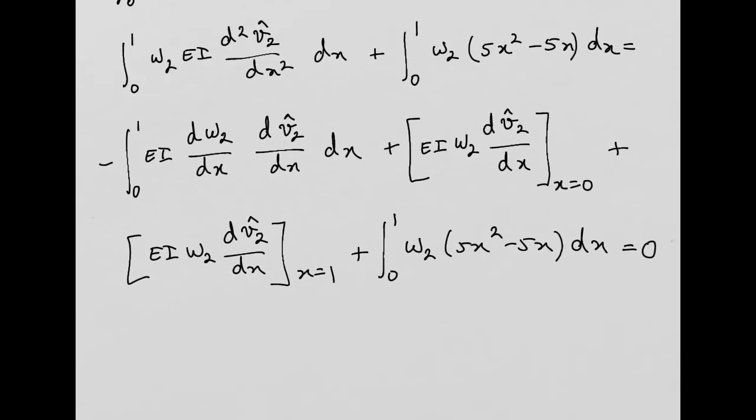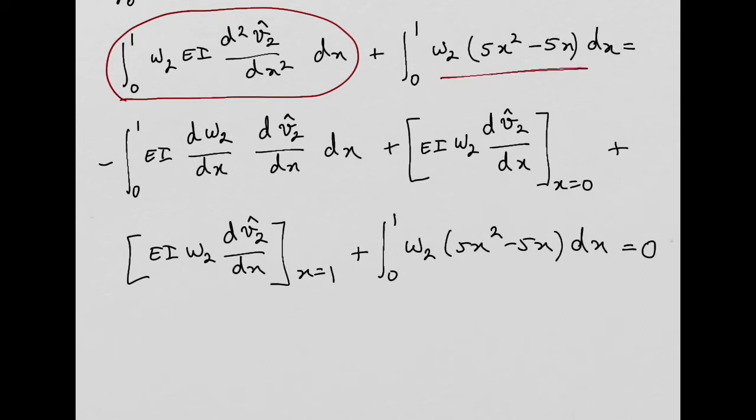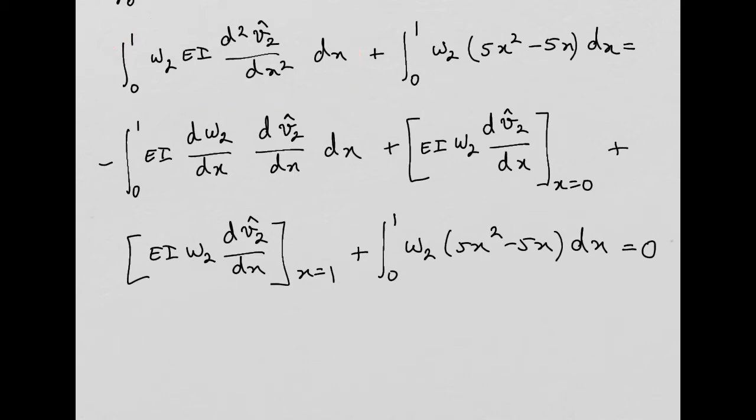Now, what I'm going to do now is integrate by parts. So I'm going to integrate by parts only this integral here, because this one here is not necessary. I don't have any derivative here, so I don't need to integrate this one by parts. Okay? So, integrating this first one by parts means I have this integral in the domain.